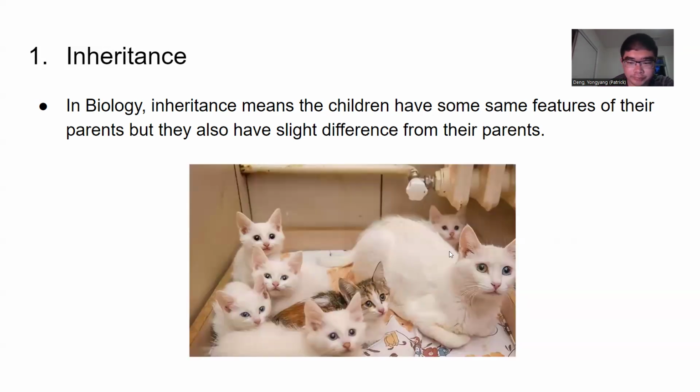For example, we have a cat, and this cat gave birth to, let's say, six kittens, and they actually look the same. Usually they have white fur, and their eyes are also black, with some kind of yellow around, and they also have red ears or something. The children are inheriting the features of their parents.